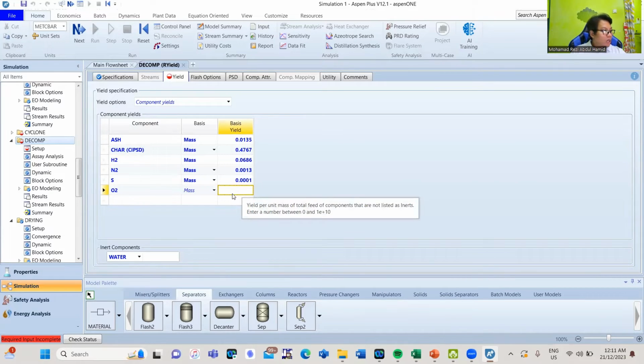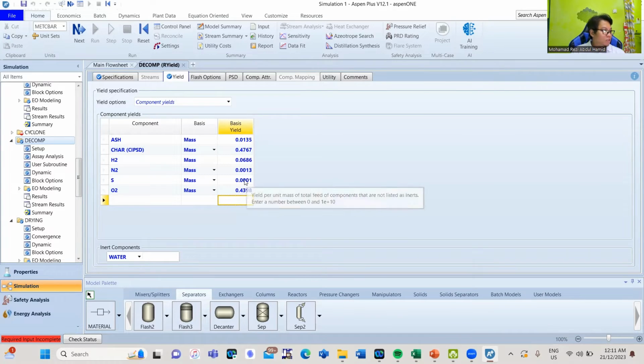Okay. Oxygen 0.4398. Let's double check. Oxygen is 0.4398. Sulfur is 0.0001. Nitrogen is 0.0013. Hydrogen is 0.0686. Carbon 0.4767. Okay, these are all correct.